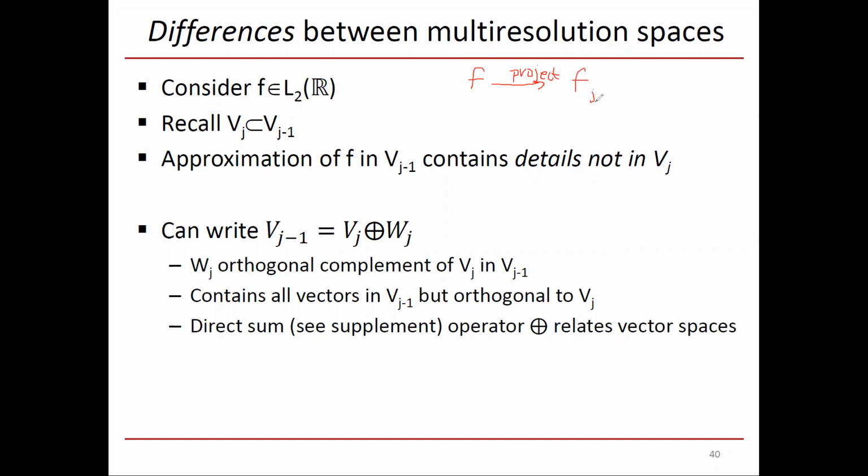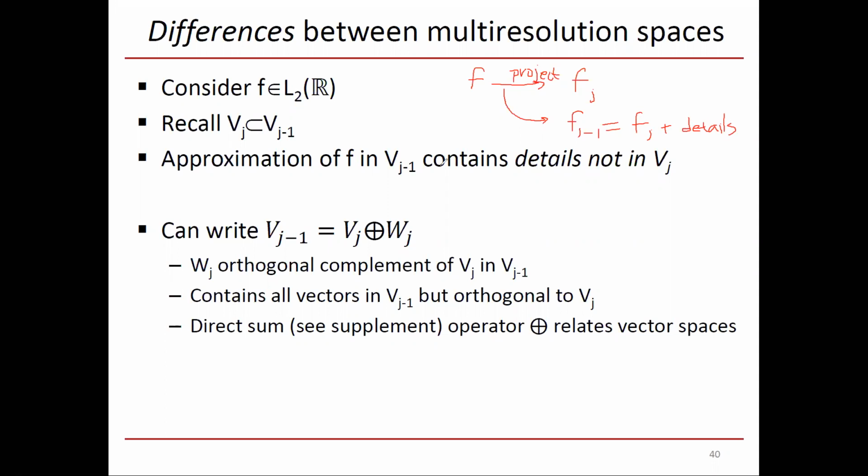I'll just write f sub j as the projection of f in Vj. Or we can project it a second time to f sub j minus 1, and f sub j minus 1 contains more details. So this is equal to f sub j plus details. Now, these details, they may by chance, the difference when we project f to Vj and Vj minus 1, they may be identical. So by chance, there may be no additional details, but oftentimes there will be.